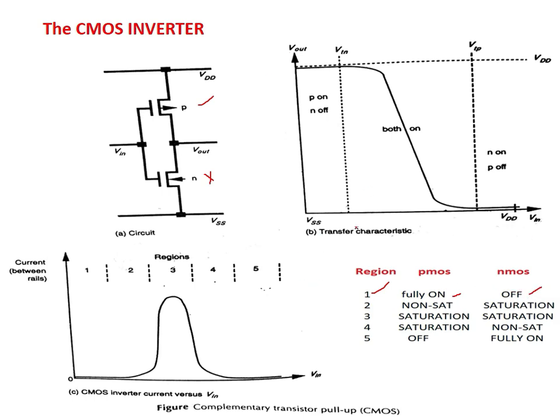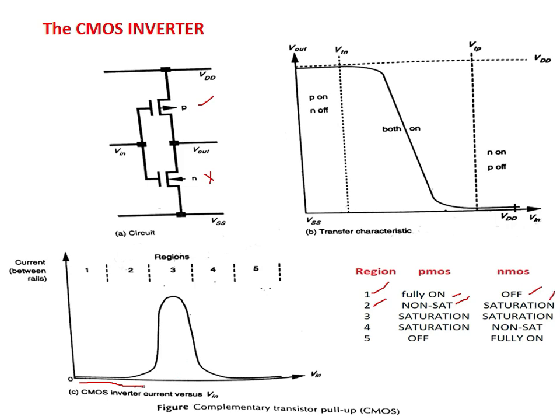Next, the input is increasing slowly. Whenever the input is increasing, this NMOS transistor goes to the saturation region and this PMOS transistor enters the non-saturation region from saturation. So in the second region PMOS is in the non-saturation region and NMOS is in the saturation region.